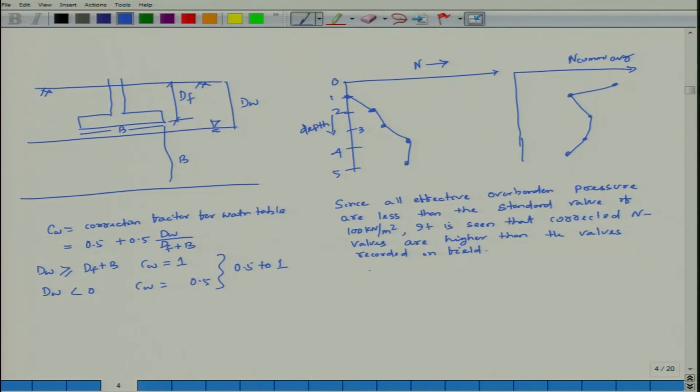Generally N value is recorded at an interval of 1 or 1.5 meter.